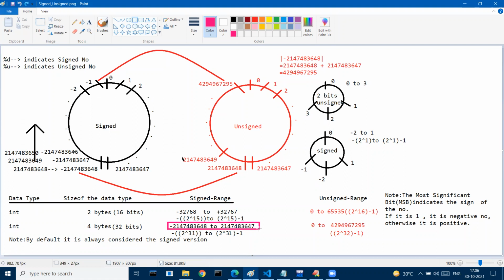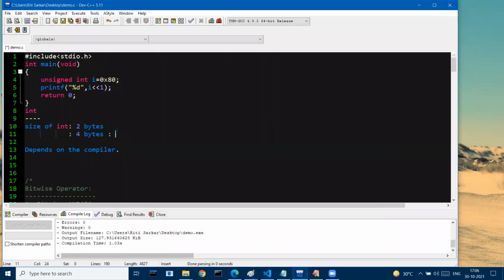So what is the range for 4 bytes? Minus 2147483648 to 2147483647. This is the range of a 4 byte integer.